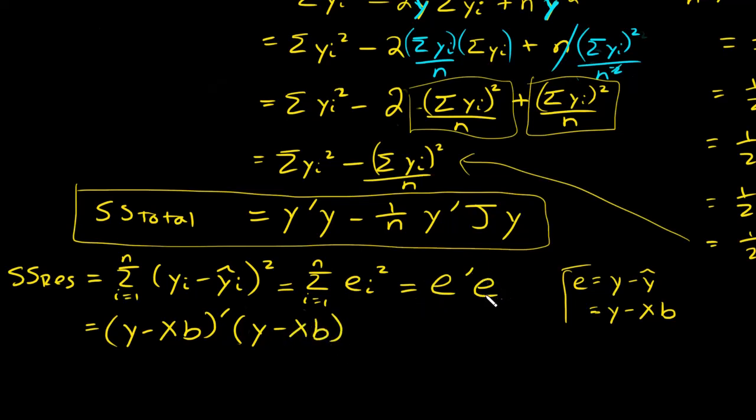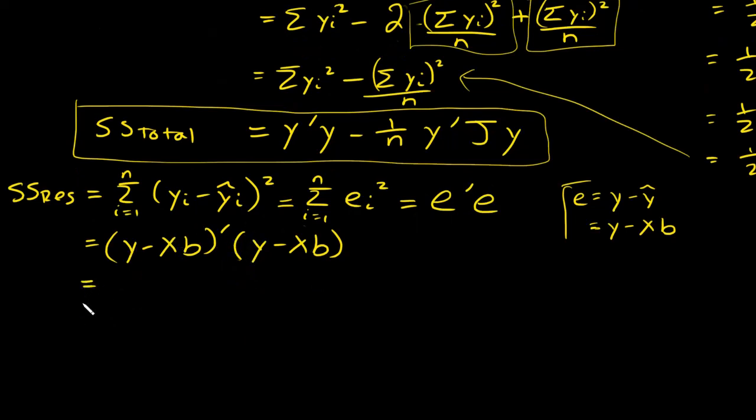That's E transpose times E. Let me distribute that transpose: I have (Y transpose minus B transpose X transpose) times (Y minus XB).